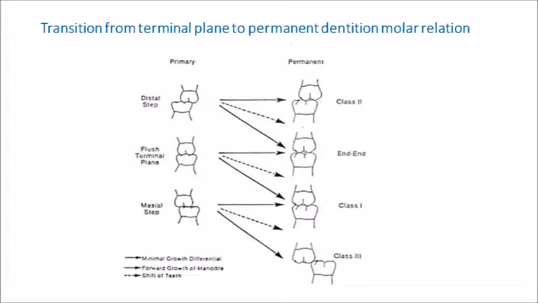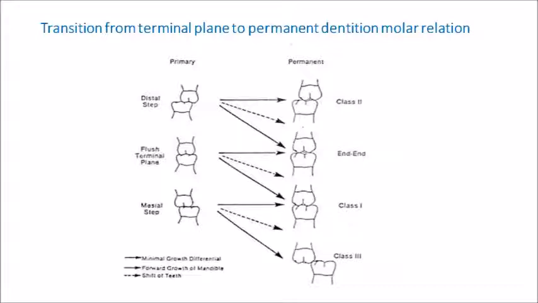So previously we have seen Baume's terminal plane relationship in the primary dentition. Now we will see how the molar relationship in primary dentition will determine the permanent dentition molar relationship, whether it will end up in a class 2, class 1, or class 3 relationship. So first we will see the distal step.